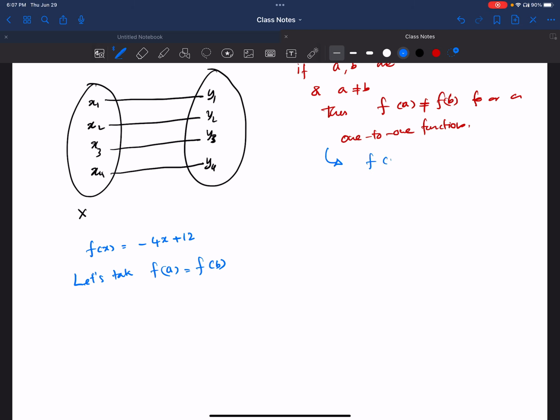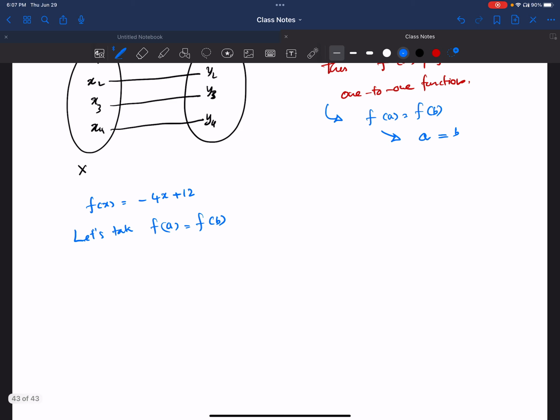That means if f(A) is equal to f(B), and if the function is one-to-one, then this implies A should be equal to B. So we put f of A, negative 4 times A plus 12, equal to negative 4 times B plus 12. The 12 cancels with 12. So we have negative 4A is equal to negative 4B. So A is equal to B.